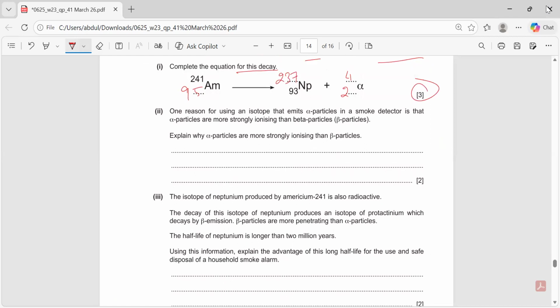Now, one reason for using an isotope that emits alpha particles in a smoke detector is that alpha particles are more strongly ionizing than beta particles. Why are alpha particles more strongly ionizing than beta particles? Who will answer me? Please, can you explain it? This is very simple. Many times we have discussed this, not only once.